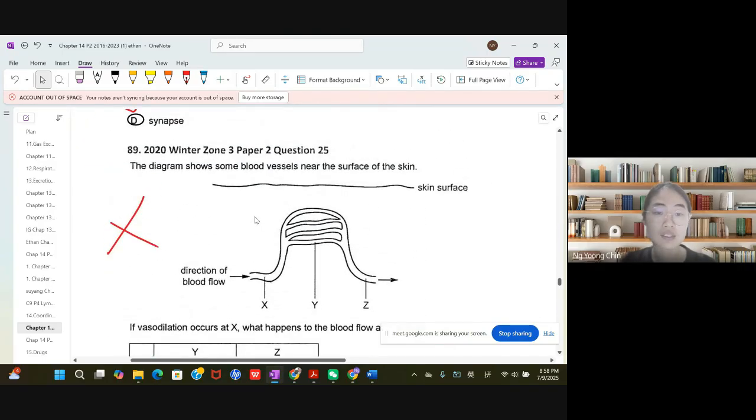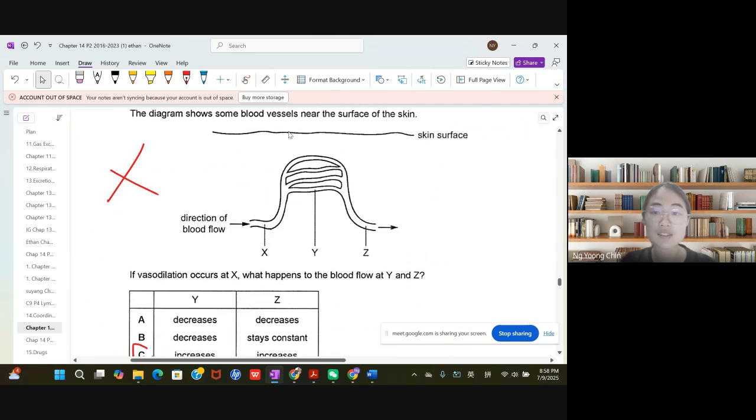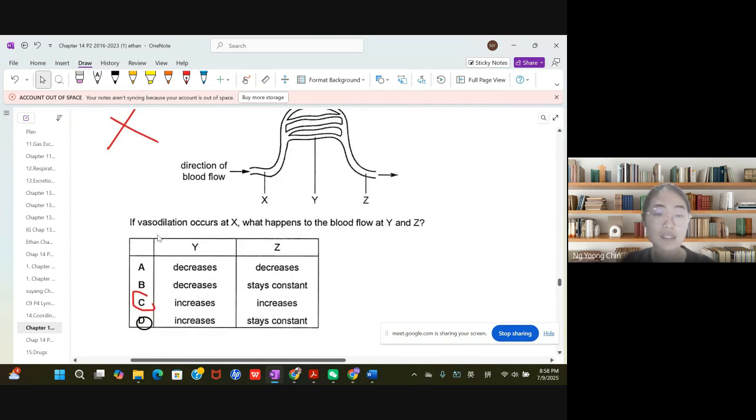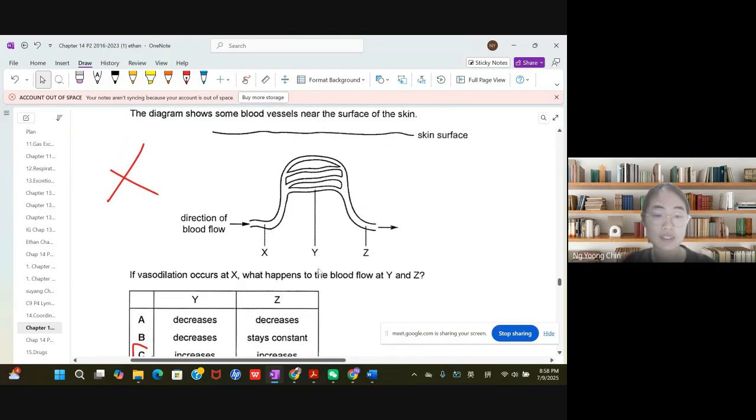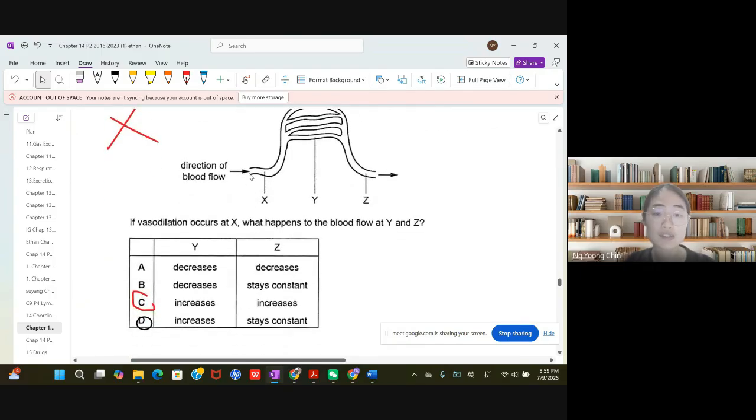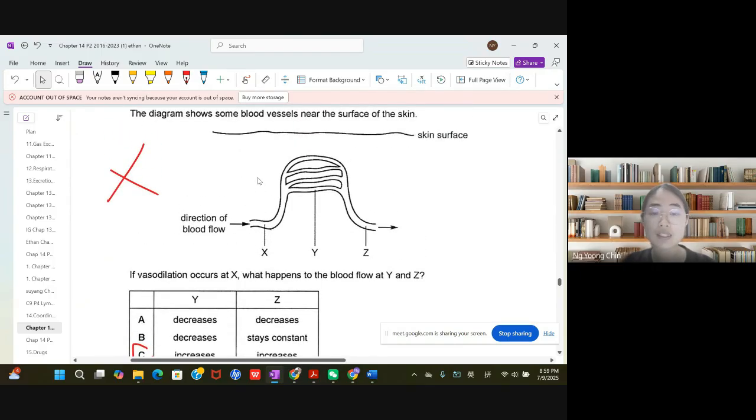And then this one, the blood vessels near the surface of the skin. So what will happen is, okay, if vasodilation occurs at X, right? What happens to blood flow at Y and Z? So the answer is C. Okay. So if X has the vasodilation, X is what? X is the arteriole, okay? Then how about Y?